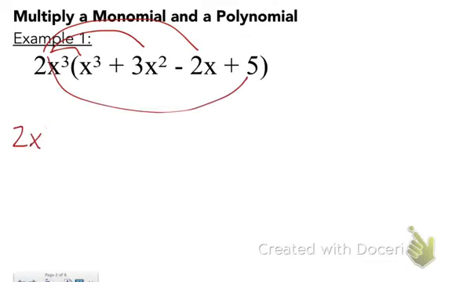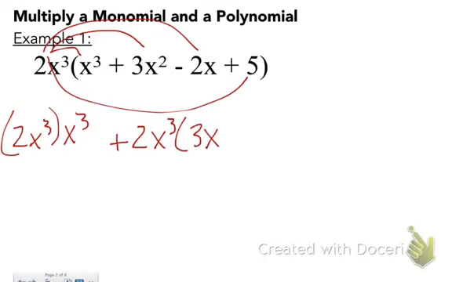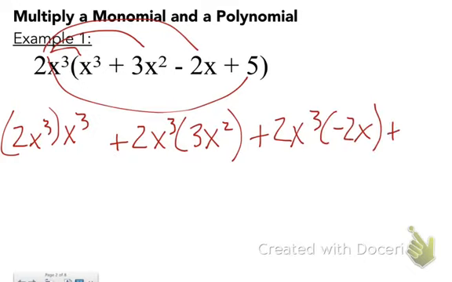So 2x cubed times x cubed plus 2x cubed times 3x squared plus 2x cubed times negative 2x plus 2x cubed times 5.